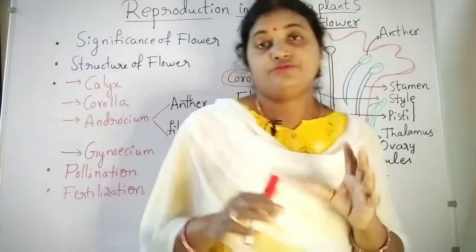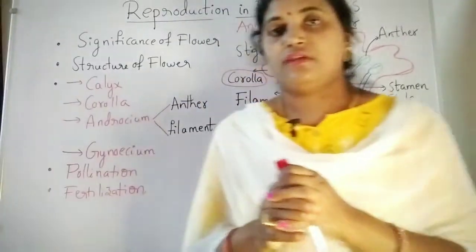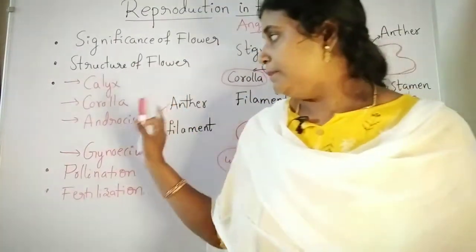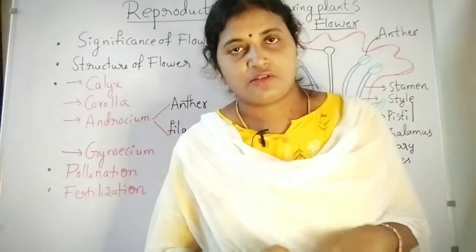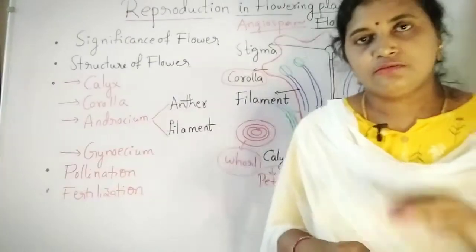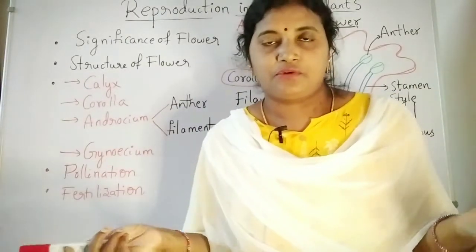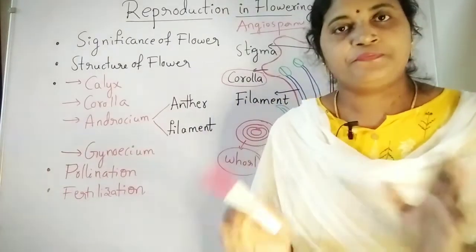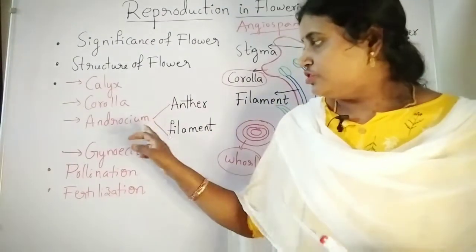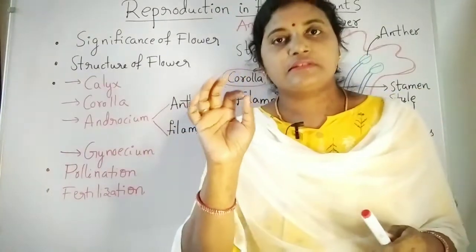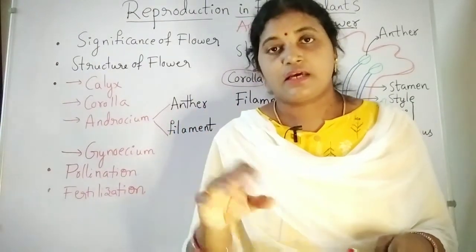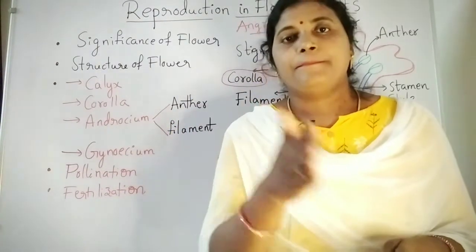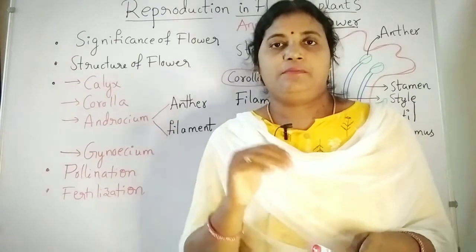Now we are going to see very important structures, androecium and gynoecium. Androecium and gynoecium are the structures which contain and produce the male gametes and female gametes.